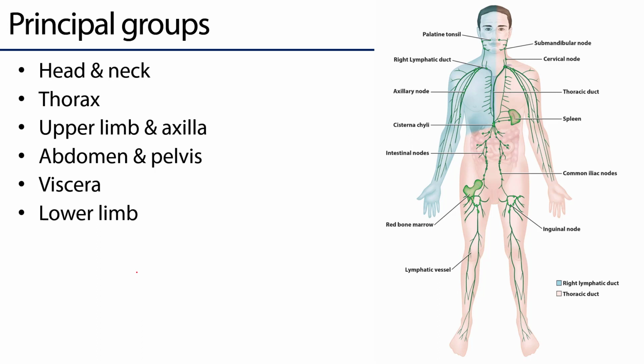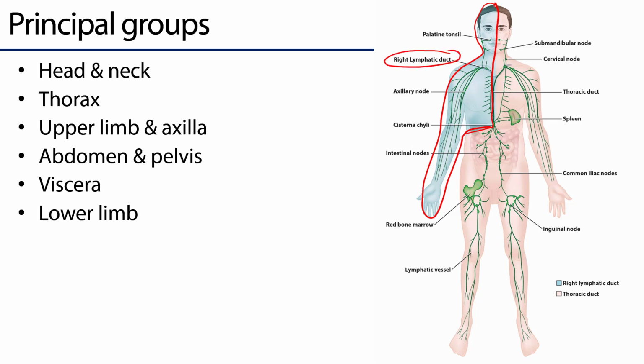Now, as you can see on this figure to the right, the pattern of lymphatic drainage of major groups is rather asymmetrical with respect to the body. So everything here in blue, the right head and neck, the right upper limb, and the right thorax, drain into the right lymphatic duct.